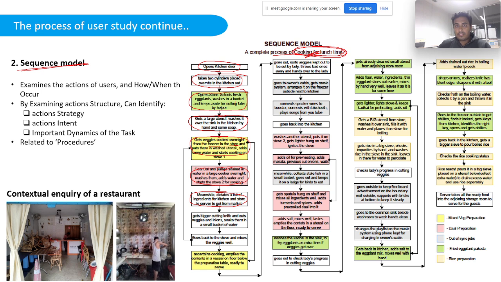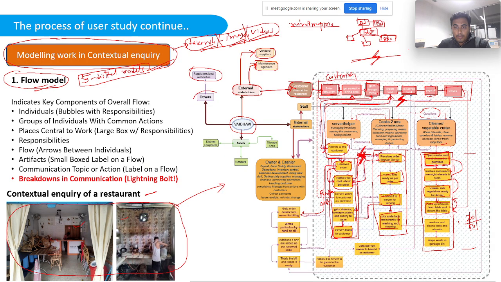So these are the steps which the restaurant follows in great detail in this particular cooking task for a lunch period. Okay, so sometimes you may observe breakpoints or something happens while doing a particular task. So what happens when you observe a breakdown in a flow model?